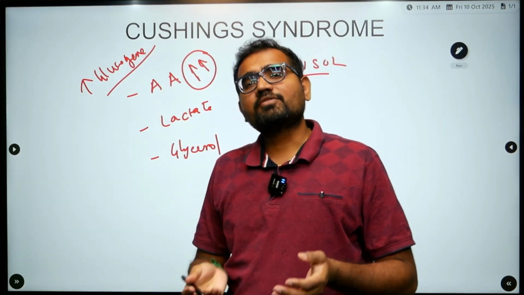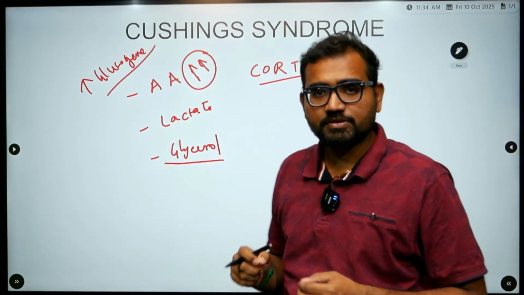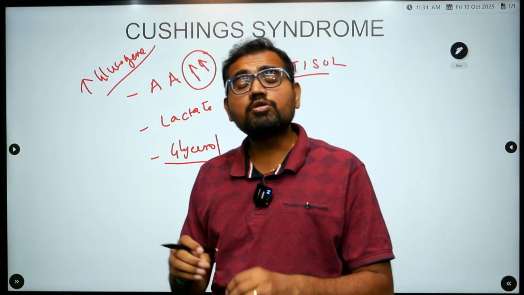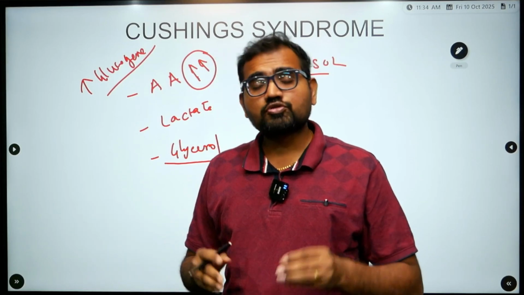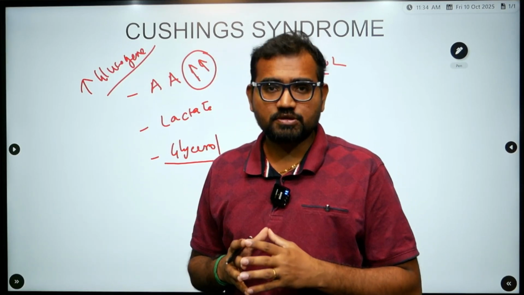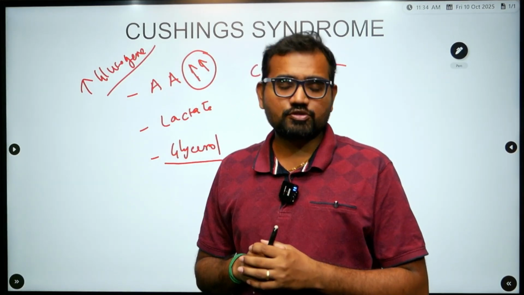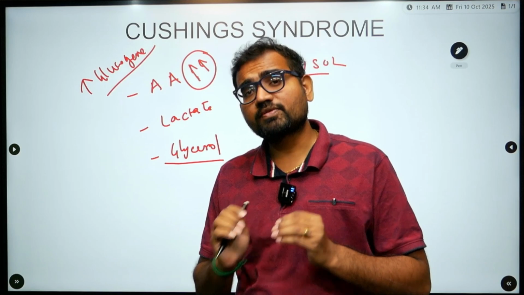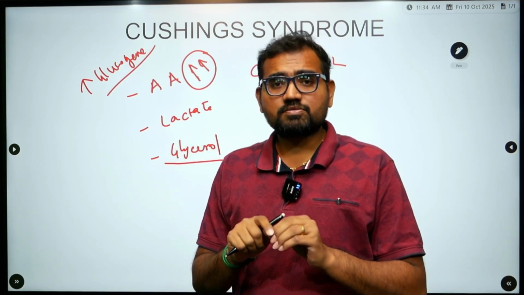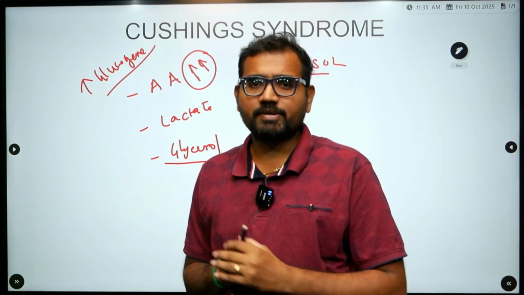Whenever there is a breakdown of fats, glycerol is released. Both these actions are done by cortisol. So cortisol increases the raw materials for gluconeogenesis: the release of amino acids and of glycerol. These two raw materials reach the liver, where the major production of glucose takes place.